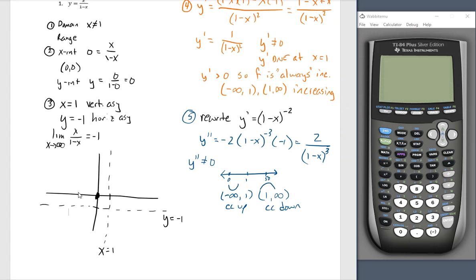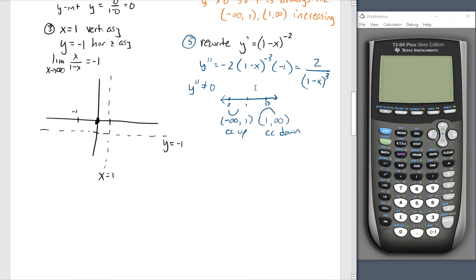So let's take the original function. Let's evaluate at negative 1. The original function, which is y. Find f at negative 1.